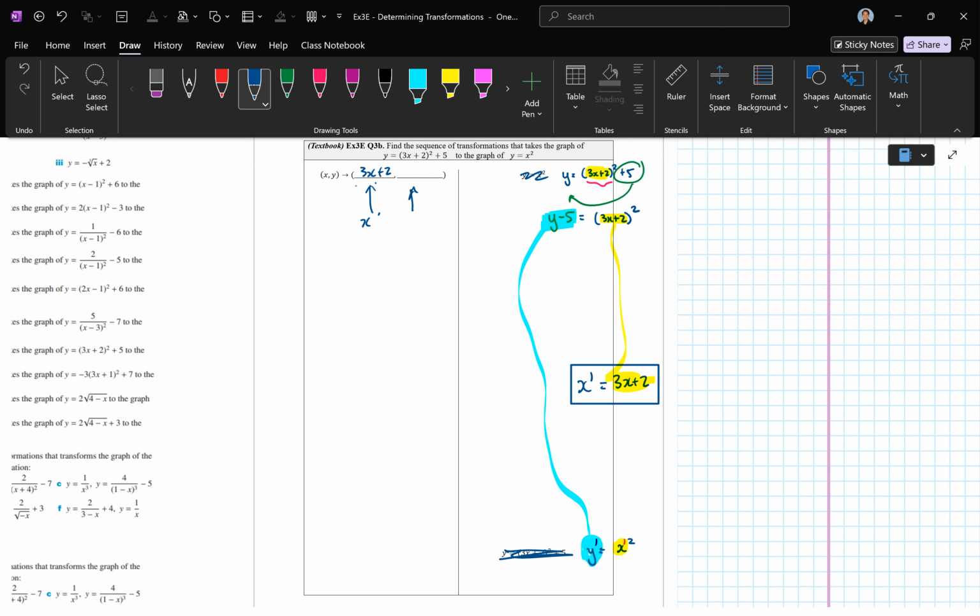And therefore, I can say y dash is equal to y minus 5. And unfortunately, the question I happen to pick tells you what y dash is already. Usually from this step, you're meant to rearrange until you get x dash, y dash, but it's already there. So y dash happens to equal y minus 5.